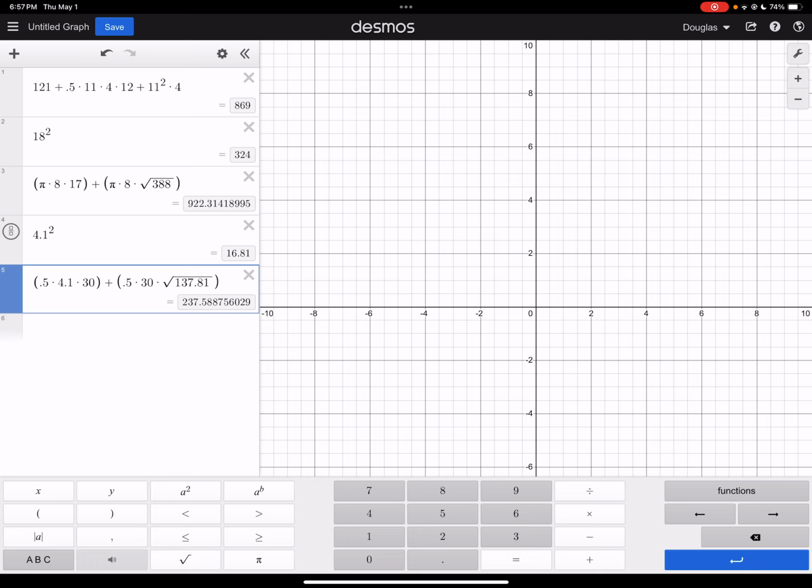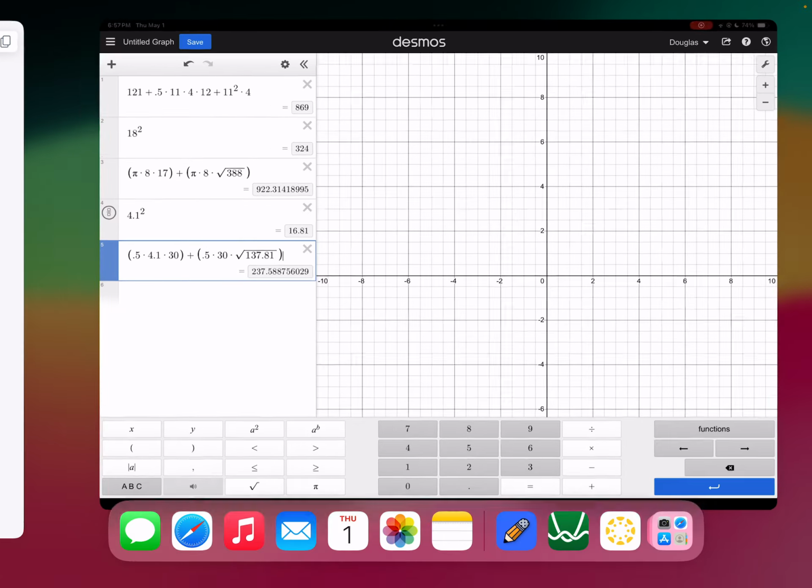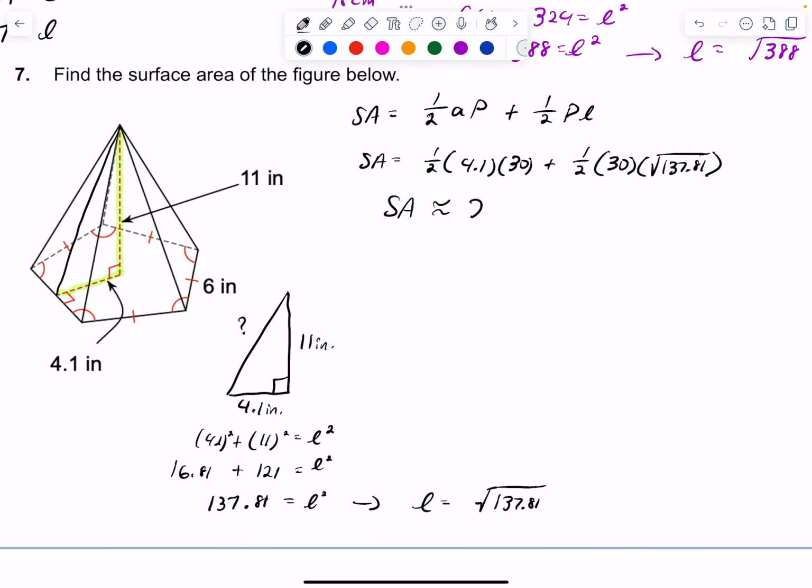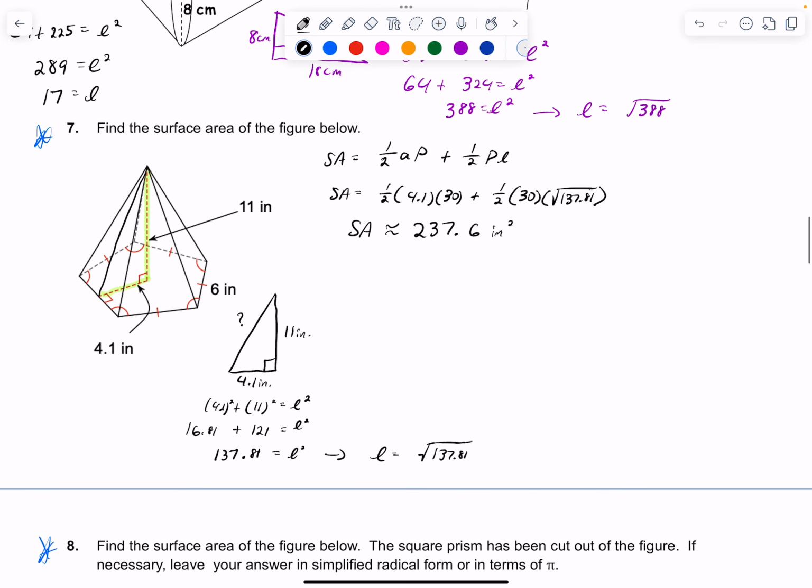And approximately it's going to be 237.6 square inches. Okay, so that's it for number 7.